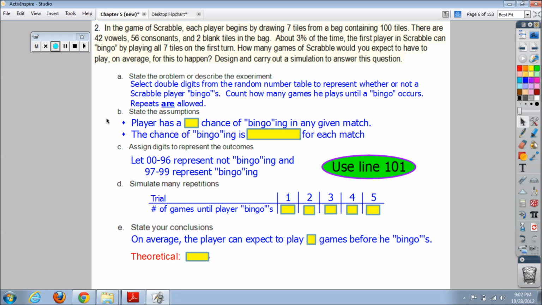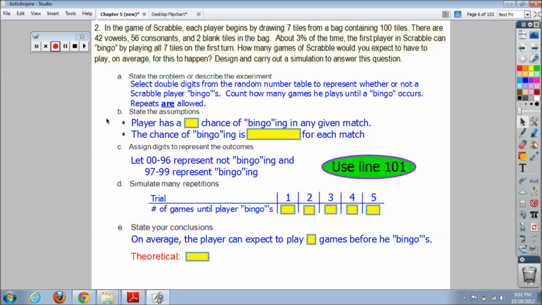So can the player on the first turn use all 7 tiles? If he can, then that's a bingo. If not, we say he didn't bingo, and we would simulate playing another game. We say forget about the rest of the game, we just want to know what happens at the very beginning of the game.